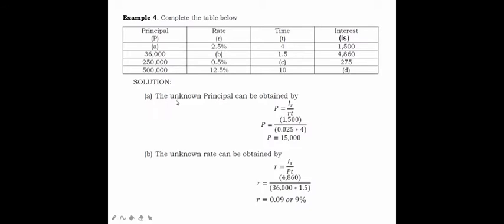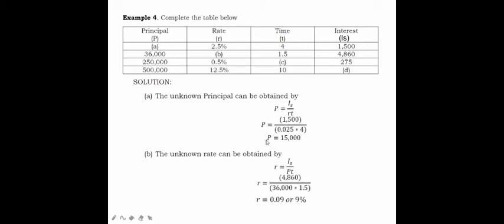So if the unknown is the principal, the formula that we are going to use is P equals I sub s divided by the product of R and T. Substitute the given interest, which is 1,500, then divide it by the product of the rate and time, which is 2.5% times 4. 2.5% in decimal form is equivalent to 0.025, then multiplied by 4, our time.